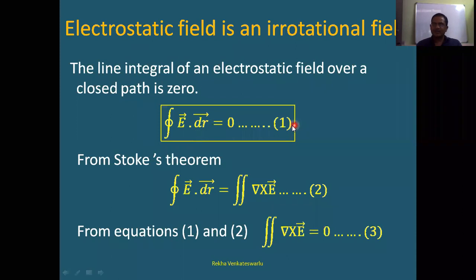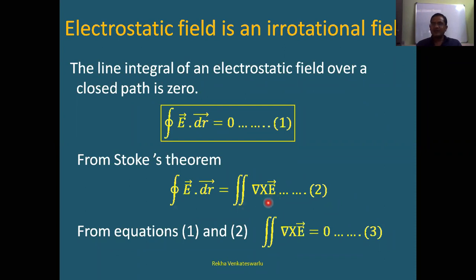This is equation 1. According to Stokes theorem, which relates line integral and surface integral, the closed integral E bar dot dr bar equals the surface integral of curl E bar.